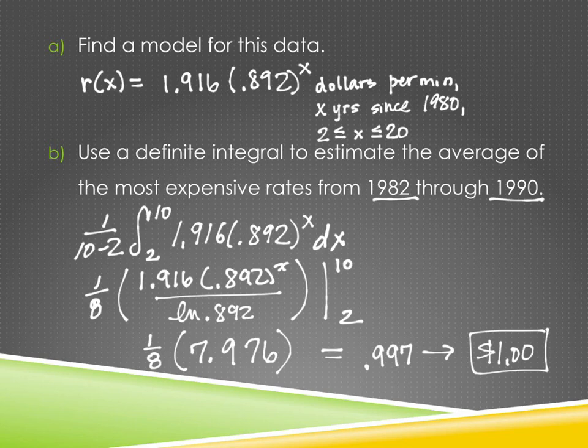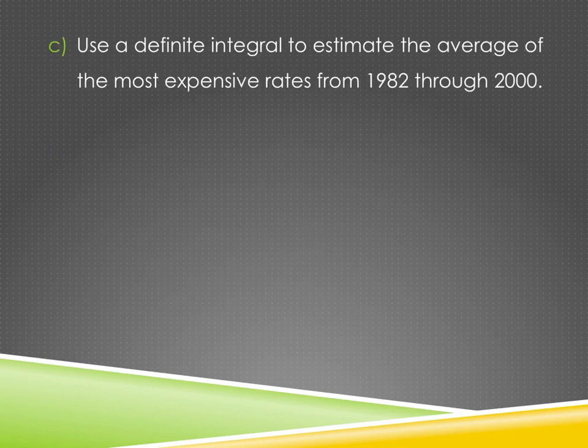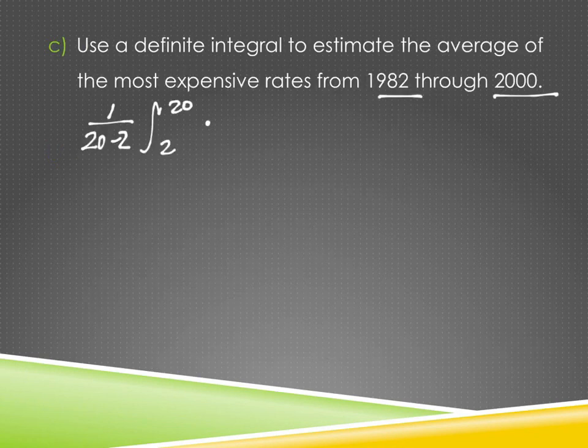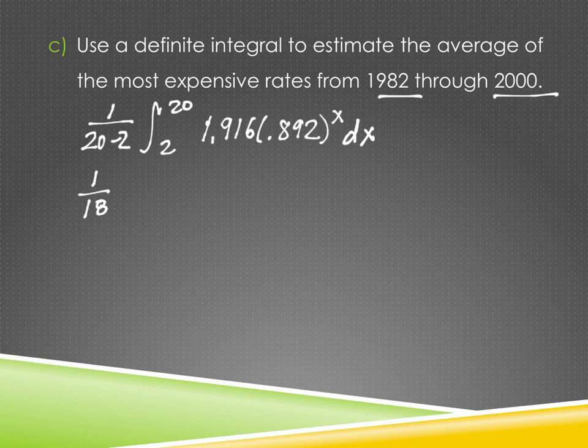Part C is the same question. It's just asking me to do it from the year 1982 to 2000 instead. So instead of going from 2 to 10, I'm going from 2 to 20 of the same thing I had before. And then I've got 1/18 in front.